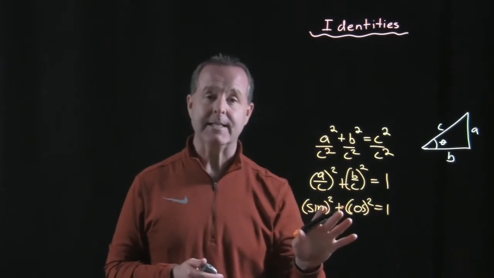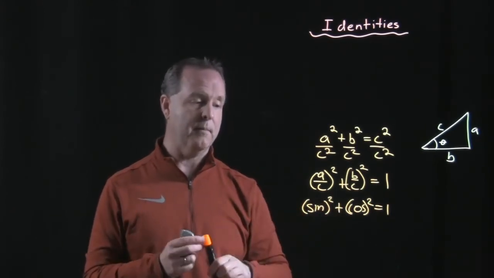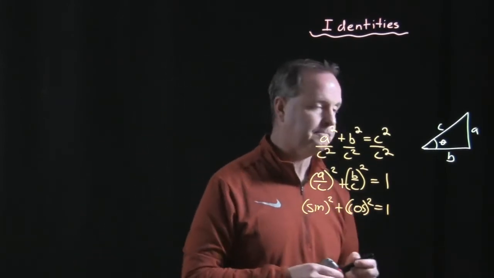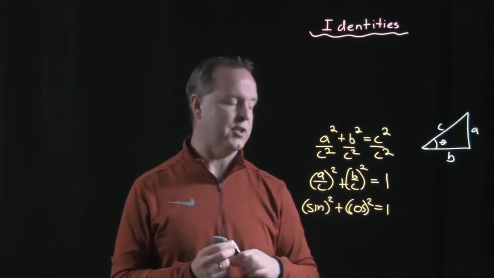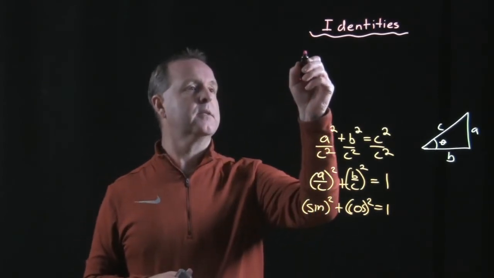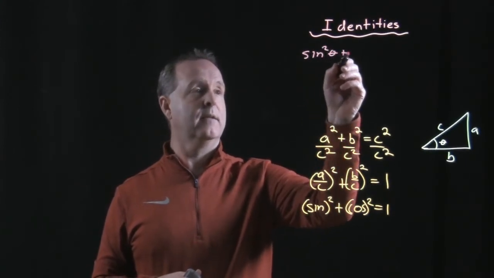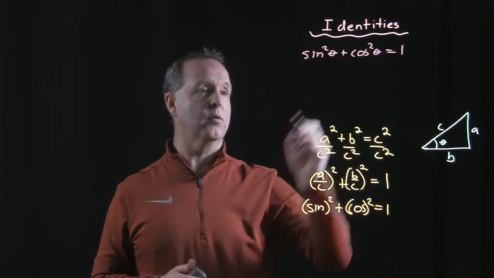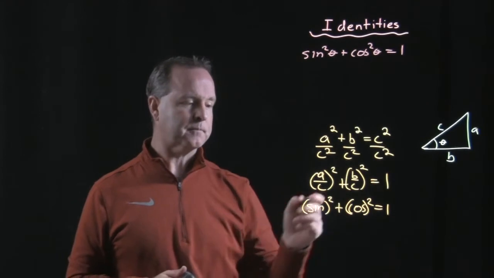So that's the basis of 3 more identities that we'll find useful, which we call the Pythagorean identities. So let me list these for us. And as far as notation, we're going to alter the notation just slightly. So I'll have sine squared of theta plus cosine squared of theta equals 1. That's one of our Pythagorean identities.